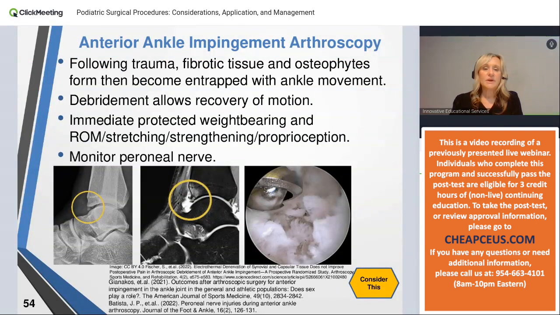Anterior ankle impingement is our next procedure that we will discuss. Anterior ankle impingement occurs in patients who have had some type of trauma, typically to their ankle. Oftentimes, it's someone who had an ankle sprain or they have chronic ankle instability.